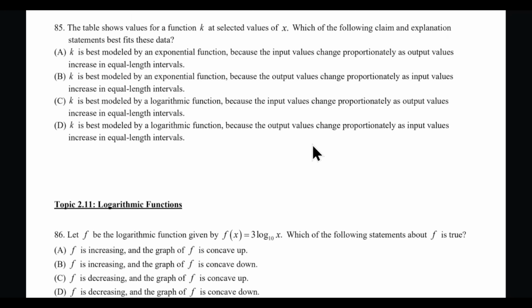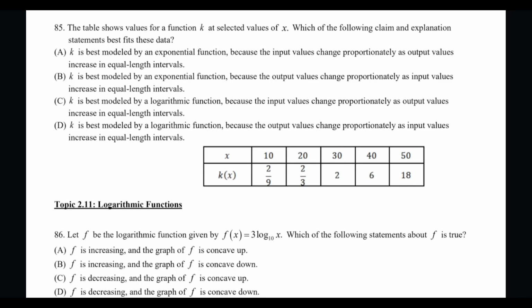The table shows the values for the function k at the selected values. Which of the following is true? Here's the table, guys, by the way. So k is modeled by exponential or log. Since the x values are increasing by the same gap and the y values are increasing proportionally by a factor of 3, if I keep multiplying by 3, I'll keep getting the next number.